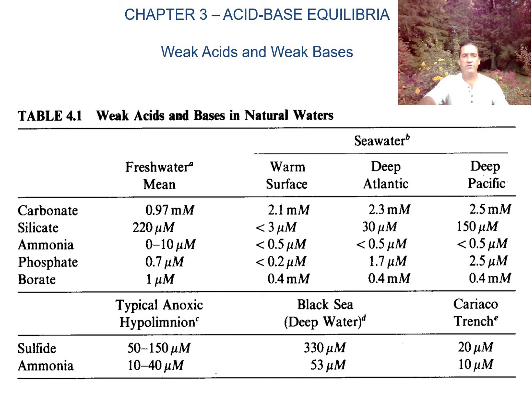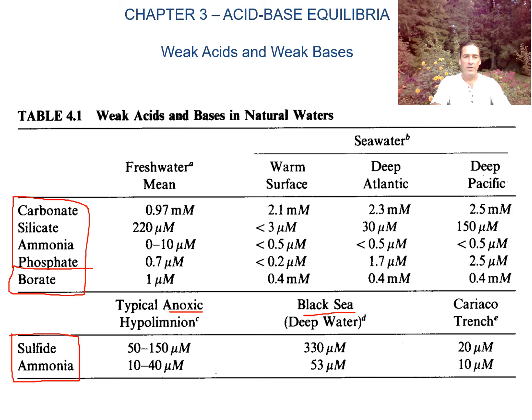And so this figure is from your book. It shows quite a few different bases that occur in oxic waters, so in waters that contain oxygen. And here's a couple that are present in anoxic waters, such as the Black Sea, the deep waters, at least, of the Black Sea.